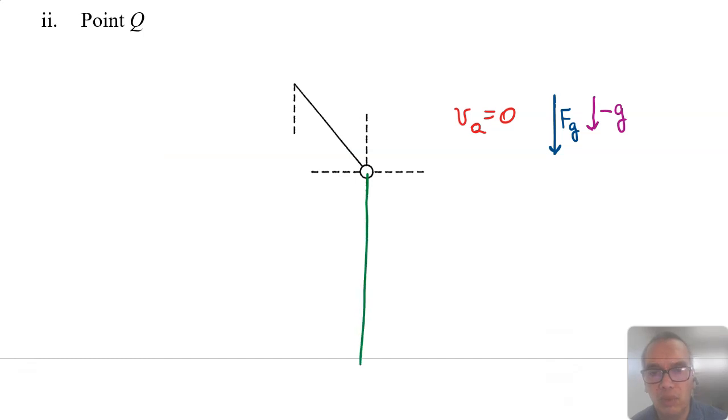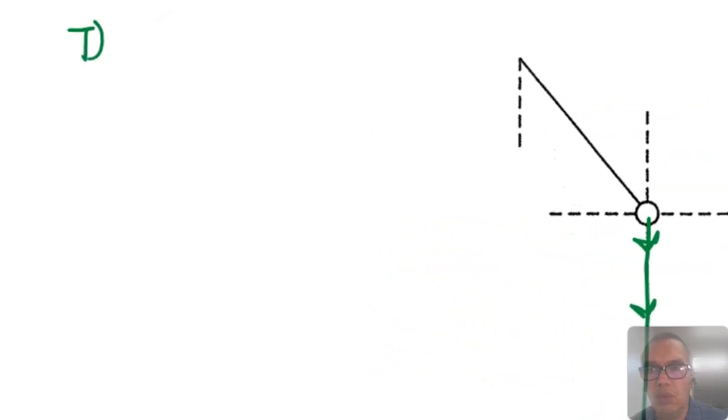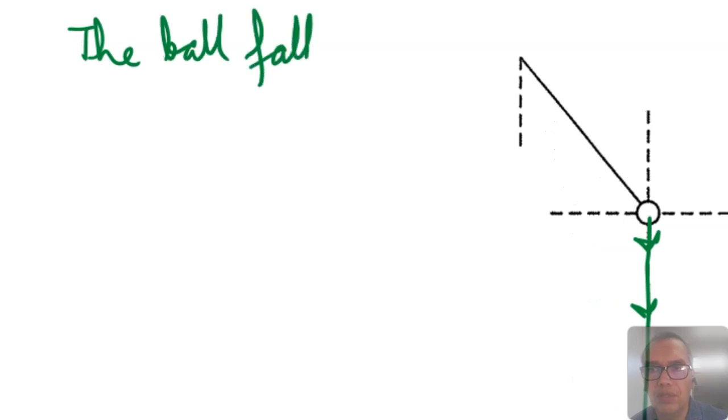One way in which you can describe this graphically is by showing arrows that are separating more and more, like this, or you could simply say the ball falls freely.